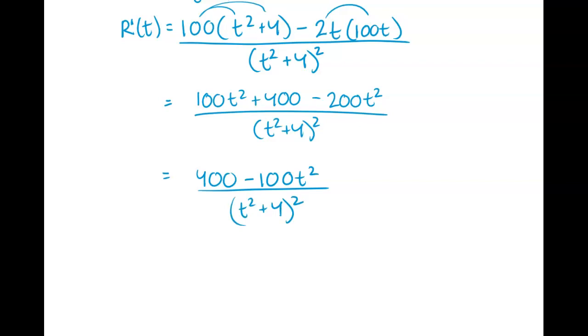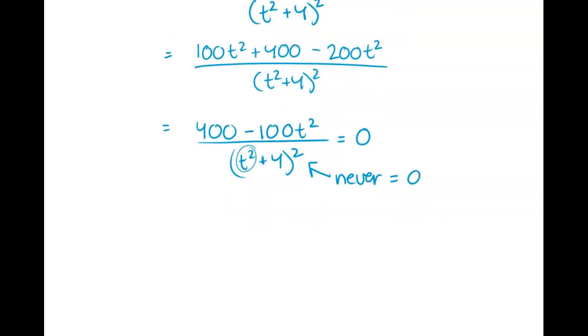And so for critical points, we're looking for when this is 0 or undefined. The denominator, well, it's squared, and you're always adding 4. So this will always be positive, a positive value plus 4. So this will never equal 0. So we're looking at the numerator. 400 minus 100t squared equals 0.